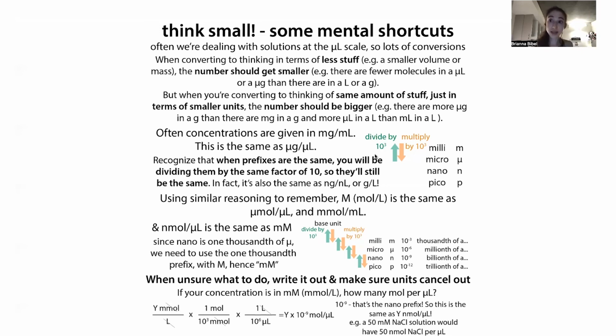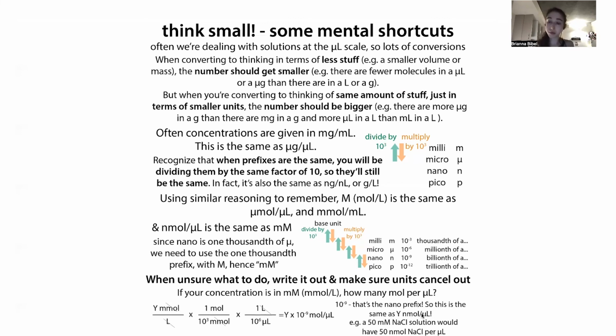So instead of thinking about slices of pizza, we're thinking about boxes of pizzas, and we're getting smaller in that sense as well. So both of these are going to be divided. We line these up and cancel our units. We're left with Y times 10 to the minus 9 moles per microliter. And 10 to the minus 9, we knew that, that's our nano prefix. So this is the same as saying Y nanomoles per microliter.